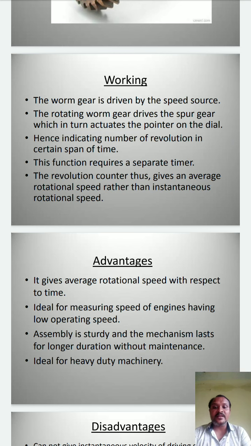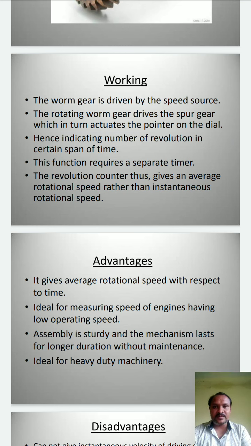So let us see the advantages here. It gives average rotational speed with respect to time. Ideal for measuring speed of engines having low operating speed. Here this will be used for the low operating speed engines. Assembly is sturdy and the mechanism lasts for a longer duration without maintenance.